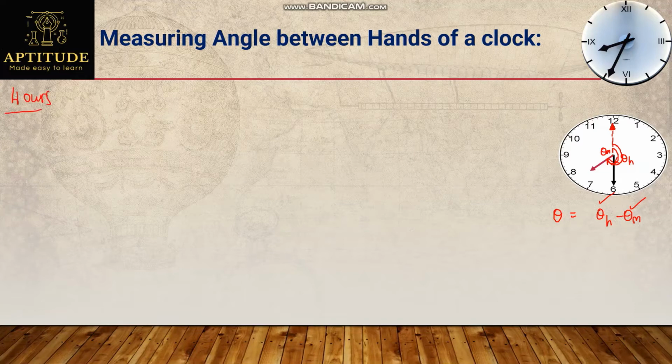So let's go in a general way, starting from basics. Can you guys guess and comment in the chat box: if the hours hand finishes 12 hours, which means it starts at 12 and once again reaches 12 o'clock, how many degrees will the hours hand rotate?